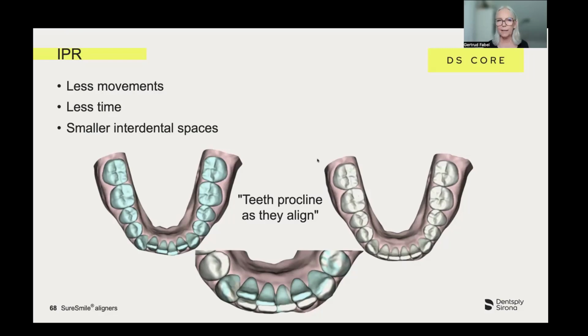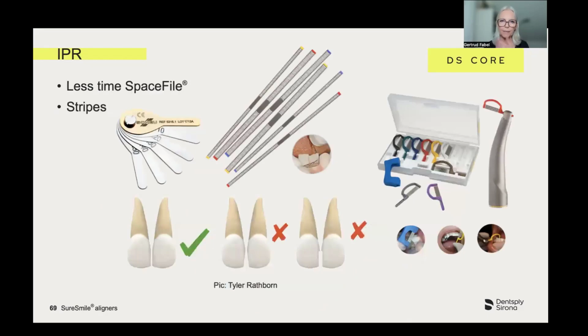In the result I get smaller interdental spaces, especially nice for all those teeth which are really triangle formed, so that the interdental spaces are a little bit smaller after the treatment.